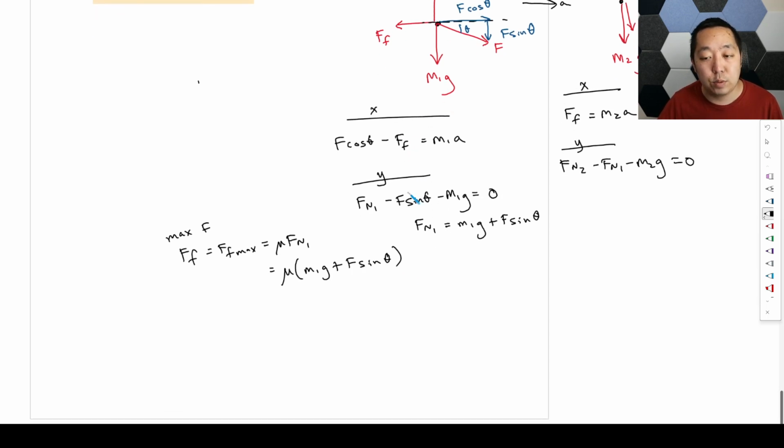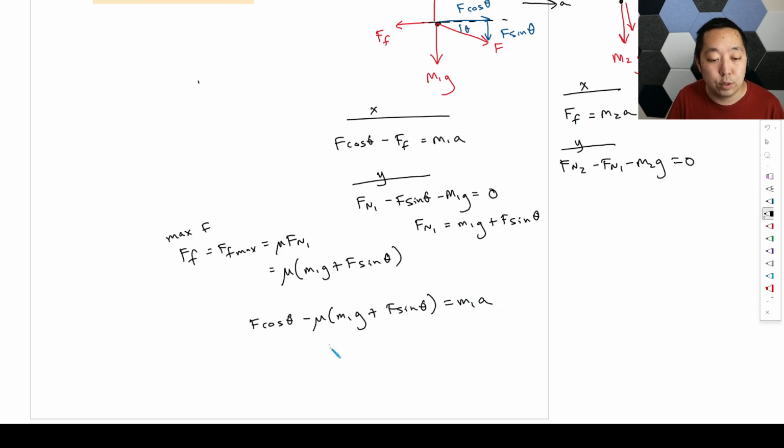So that means in the x1 over here, we're going to have F cosine theta minus mu M1g plus F sine theta equals M1a. And on this guy here, we have Ff equals M2a. That's mu times M1g plus F sine theta equals M2 times the acceleration.